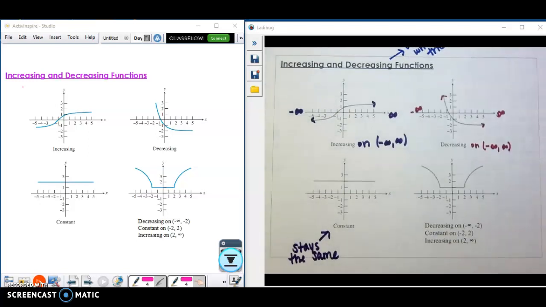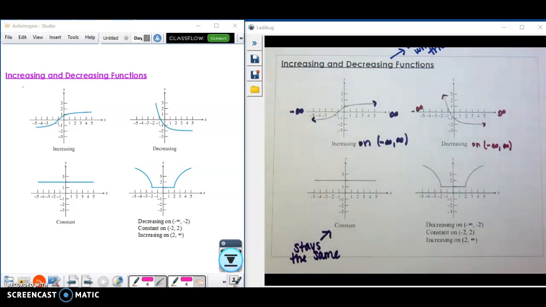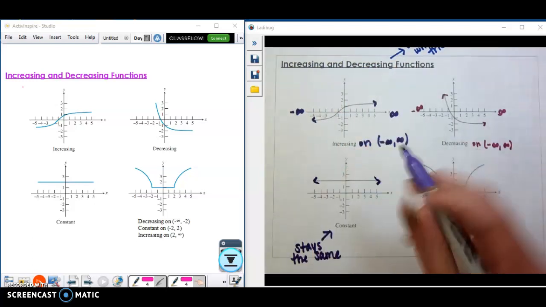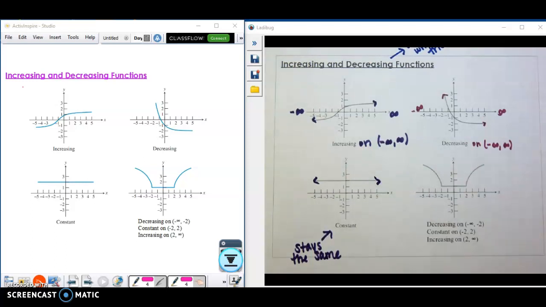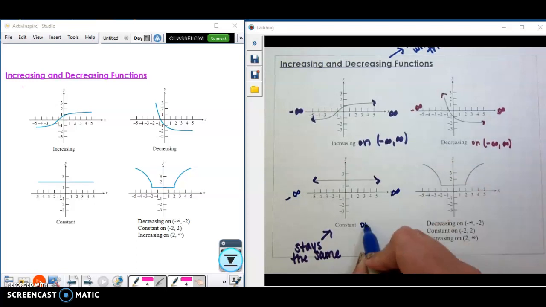This entire graph is staying the same. Going from left to right, it's the exact same number the whole way. It's at 2 the whole way, the y value 2. So we can still write an interval for that. We're just saying the whole graph is constant, so we put our negative infinity and positive infinity. It's constant on the interval from negative infinity to positive infinity.